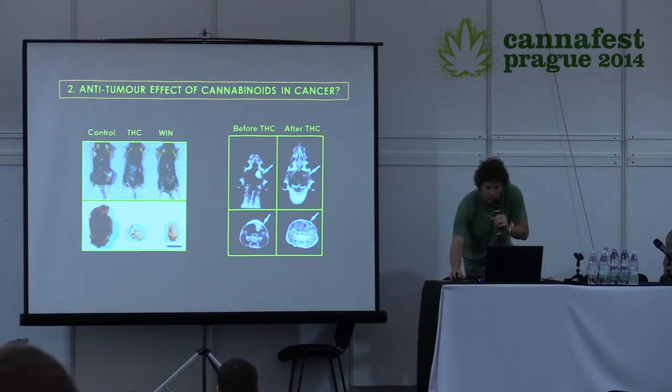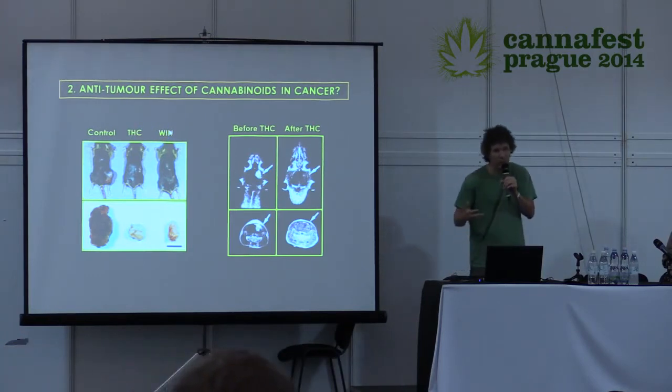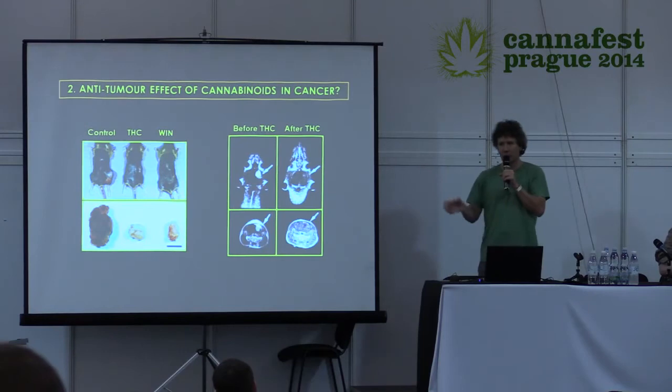That is what we call a control mouse. This is a mouse that has been treated for 1 week with THC. You see its tumor. And this is a mouse that has been treated for 1 week as well with a synthetic compound that resembles THC. That is what we call a synthetic cannabinoid, a cannabinoid that is not produced by the plant, but that we have made in the lab.